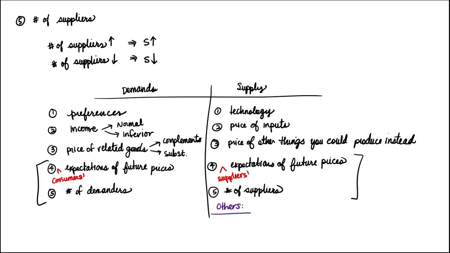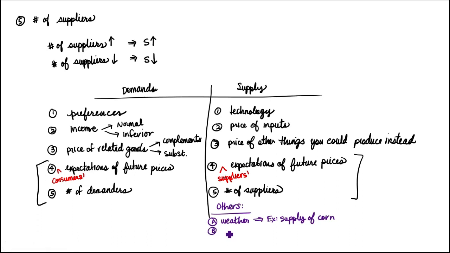There are these things that I'm going to call other supply shifters. They're not ceteris paribus assumptions, but they are things that can shift supply. One example might be weather. Maybe we're talking about a crop. So maybe we're talking about supply of corn, and it's been adversely affected by weather.